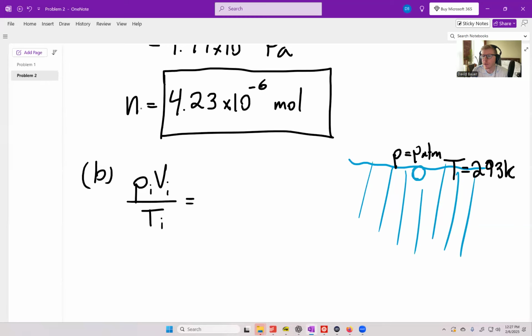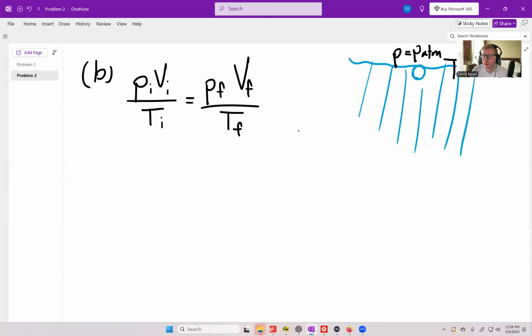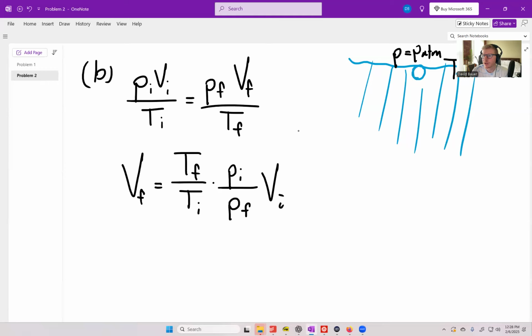P initial, V initial over T initial equals the same thing, but final. Okay, either one works. So our V final now is going to be T final over T initial times P initial over P final times V initial.